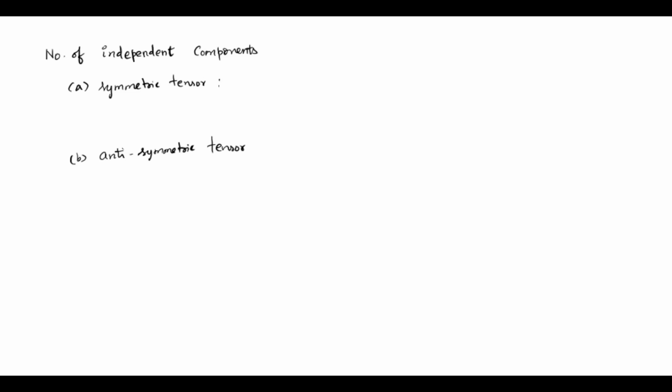If the dimension is n, then for symmetric tensors the number of independent components is 1 by 2 n into n plus 1. For anti-symmetric tensors, the number of independent components is 1 by 2 n into n minus 1. So this is the formula, which is often very important.